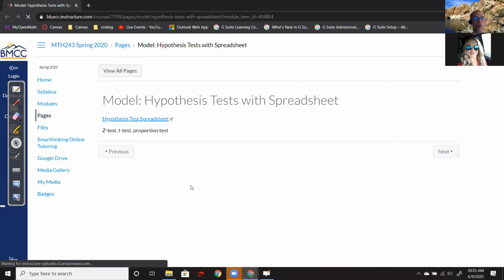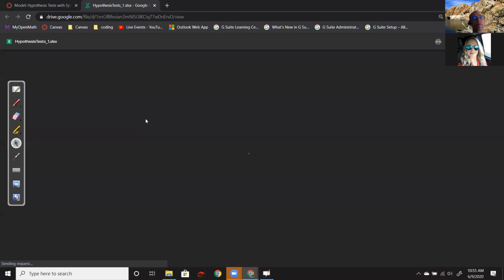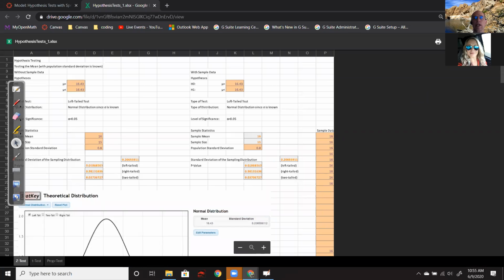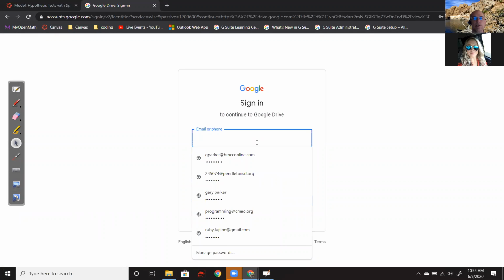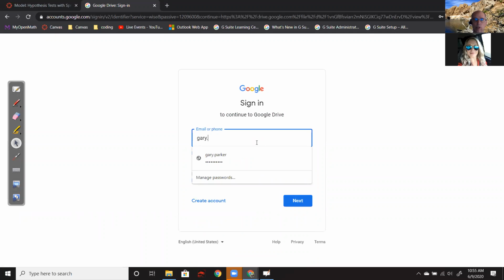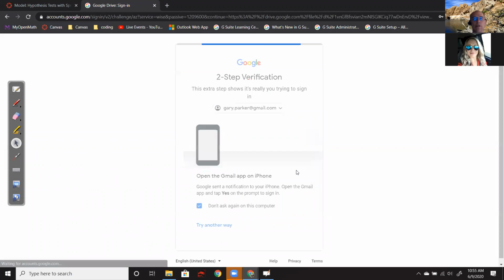And then if you're a Google user, then you would need to sign into your Google account if you're not already. So let me just sign in here for fun. So I don't know my password to that Google account. Let's try this one. If you're an Excel user, you have to download it.